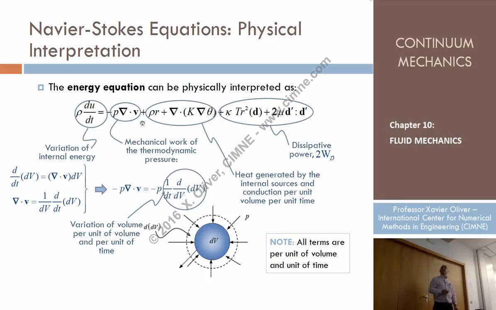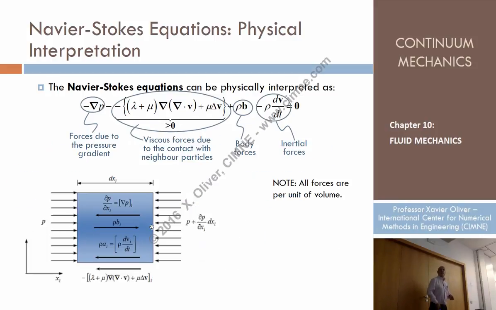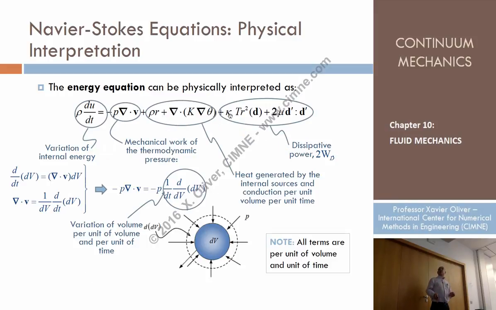That is the term here. And what is that? That is the work done by the viscosity forces. So if the viscosity is zero in a perfect fluid, lambda and mu are zero, so this term disappears.